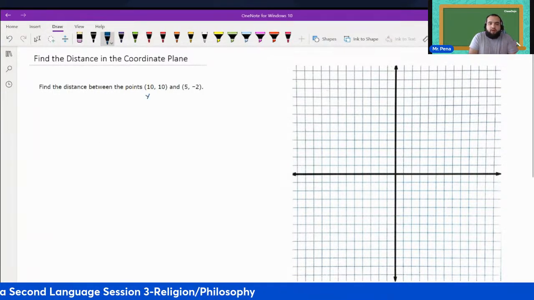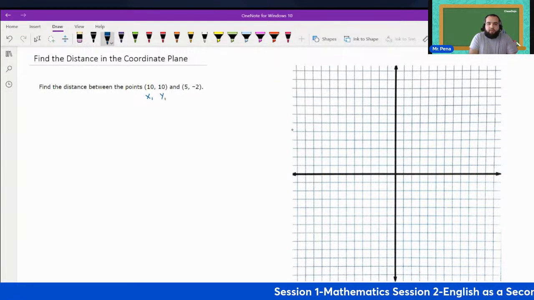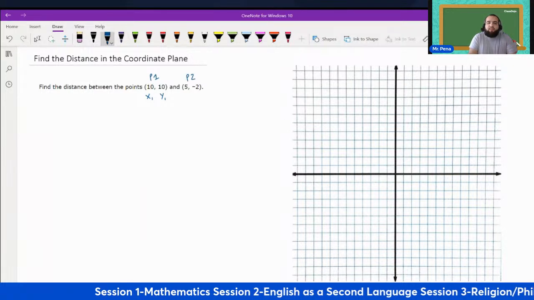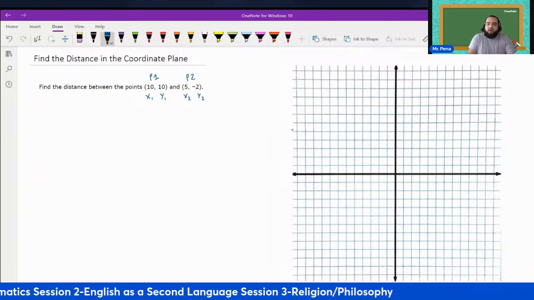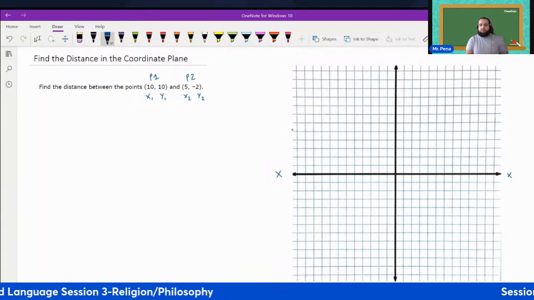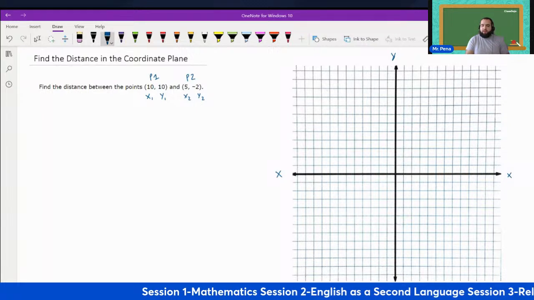So this is x and y, and then x1 and y1, because we're going to call this point 1. And then this is going to be our second point, x2, y2. Remember that the x-axis is the part of the coordinate plane that goes left and right. The y-axis is the part of the coordinate plane that goes up and down.